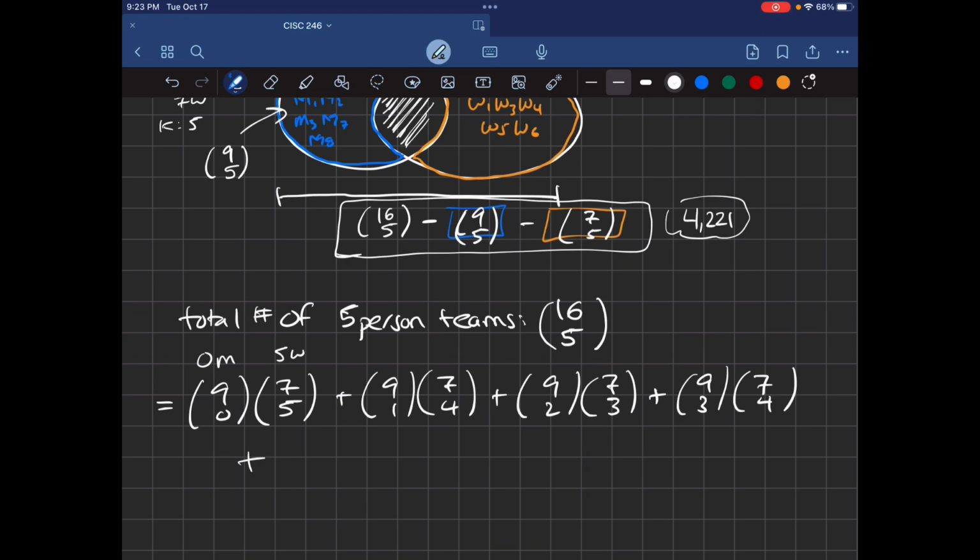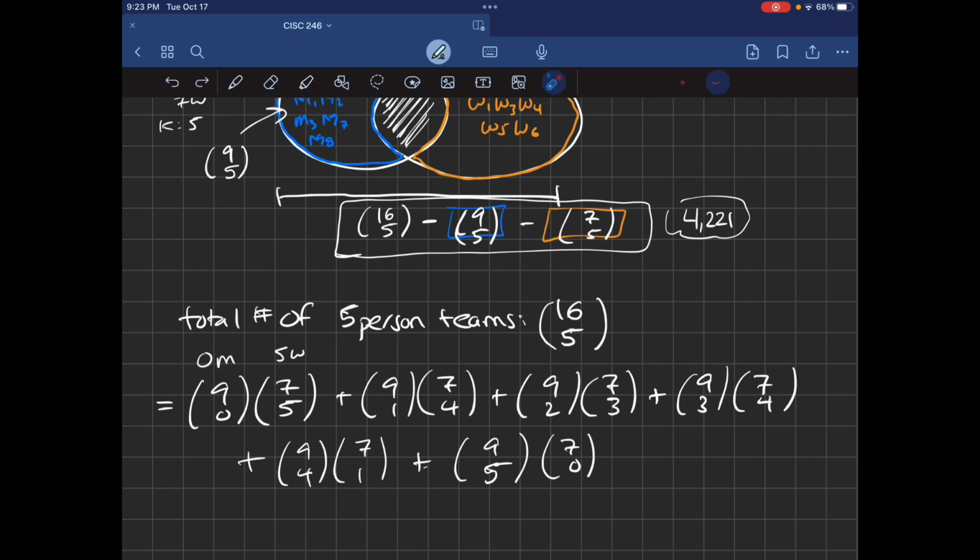Then we have 4 men on the team, which would mean 1 woman, and then 5 men on the team, which means 0 women. This 9 choose 5 is this one right here, because 7 choose 0 is really just 1. And then the 7 choose 5 is this one right here, because remember 9 choose 0 is 1.